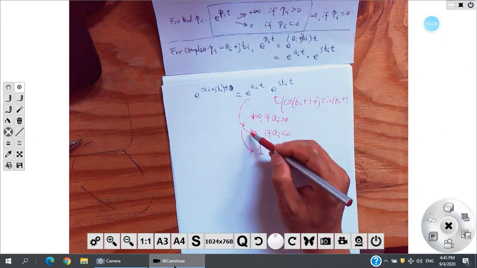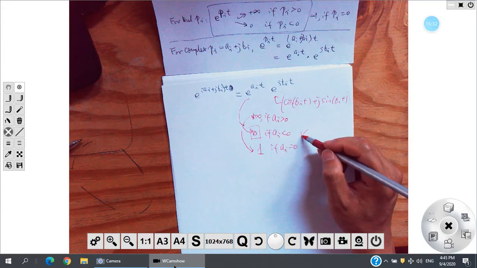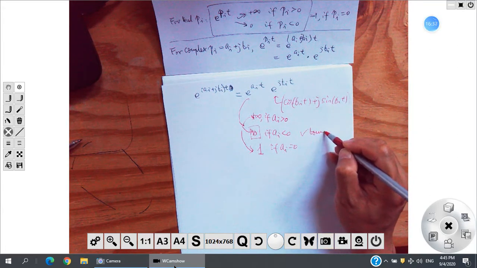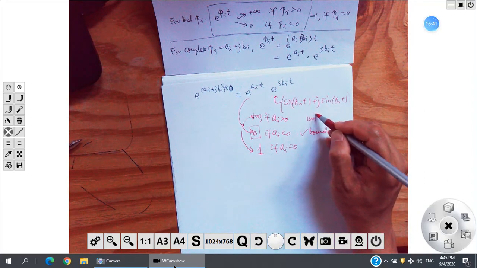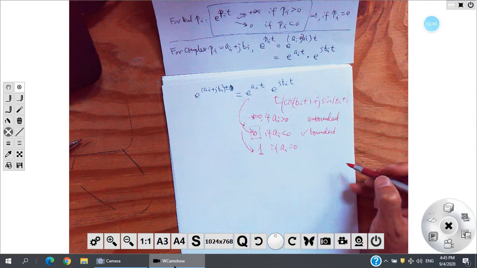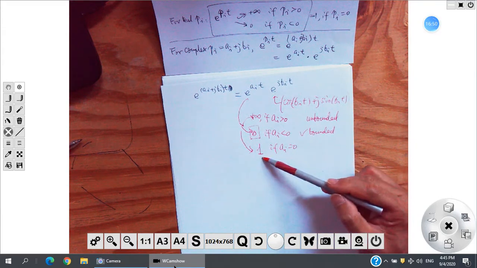So for this case, stable, the value tends to be 0, so this is bounded. If this one is bounded, this one is unbounded. For this case, well, it's still unbounded.